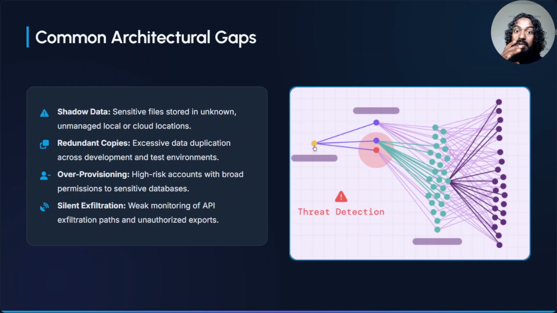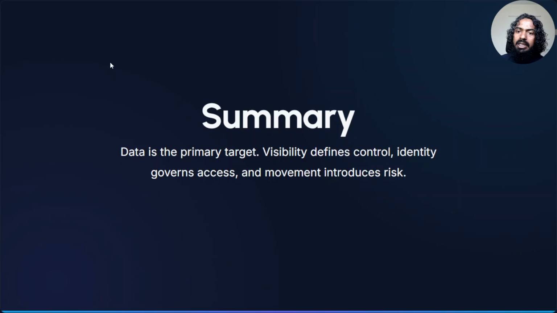Then your weak detection capabilities. For instance, if there is an incident happening but people think it's a regular request, right? It means there are no good detection capabilities. And the pattern is always the same. Controls exist but they don't connect, right? So that's the problem. At the end of the day, systems don't matter as much as the data inside them.